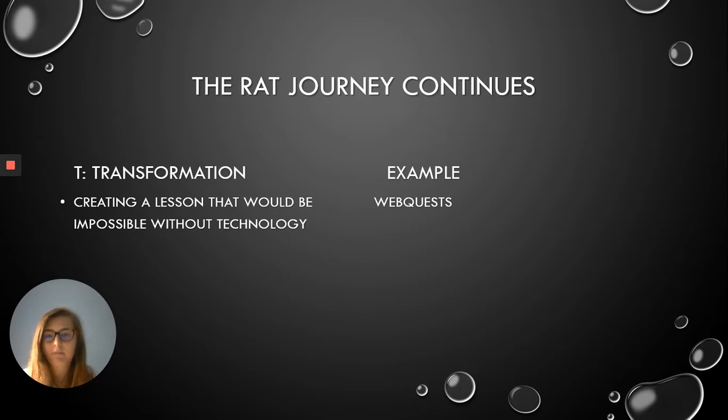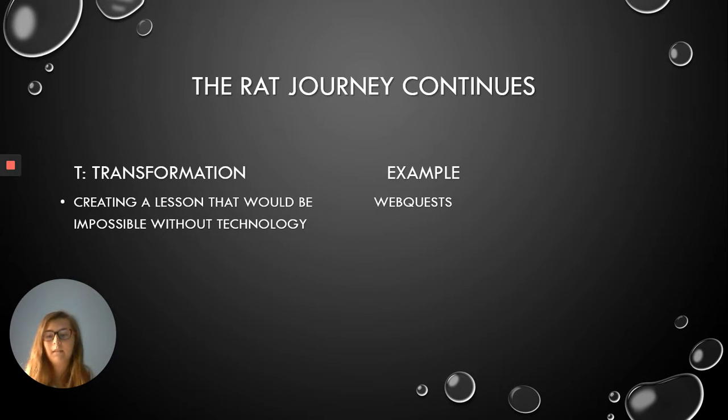And the end of RAT is transformation, and this is creating a lesson that would be impossible without technology. Now, for me, this was the hardest part because I'm a paper person. I wouldn't suggest an electronic textbook to students when they can have it in their hands and they can highlight and underline and like dog ear pages.